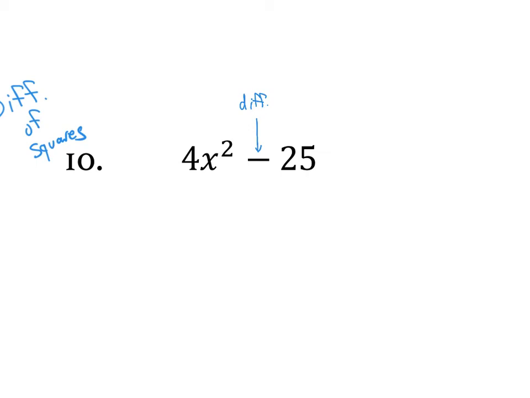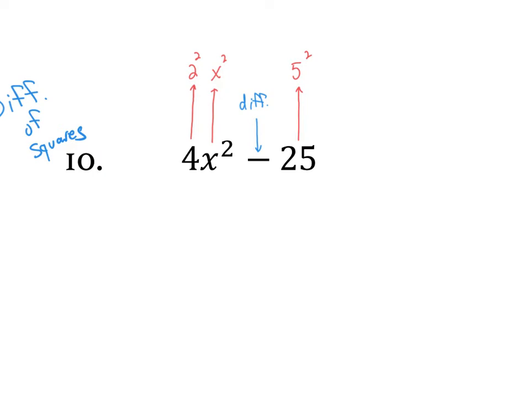And the other reason is everything can be written as something squared. So 4 is 2 squared. X squared is already written as something squared, just x squared. And 25 can be written as 5 squared. So notice everything is being squared, and that tells you it's difference of two squares.